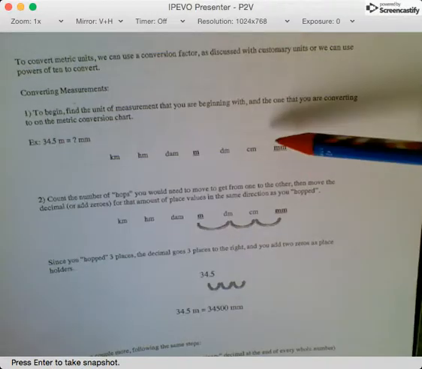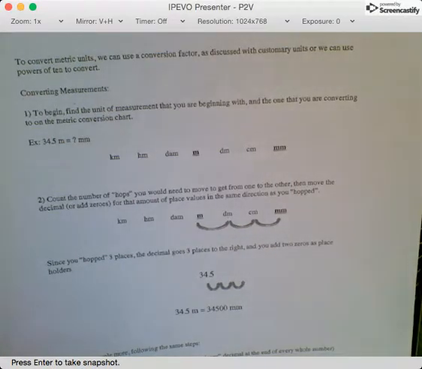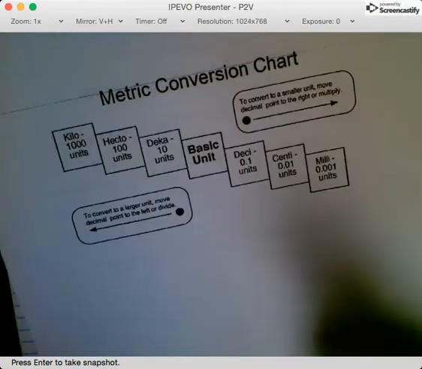In today's video, I'm going to be talking about converting metric units using powers of 10. In your notes, I provided directions using a method that allows you to move decimal places. What you are basically doing when you move decimal places is multiplying or dividing by powers of 10.